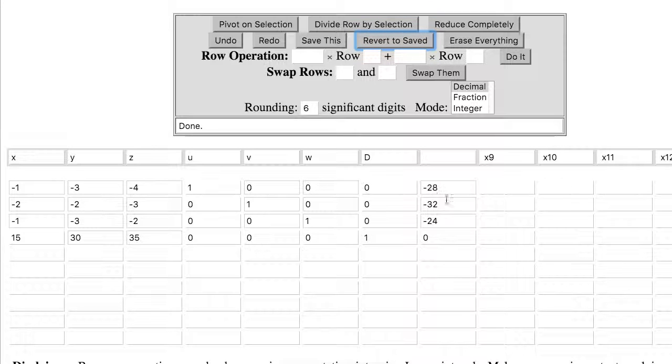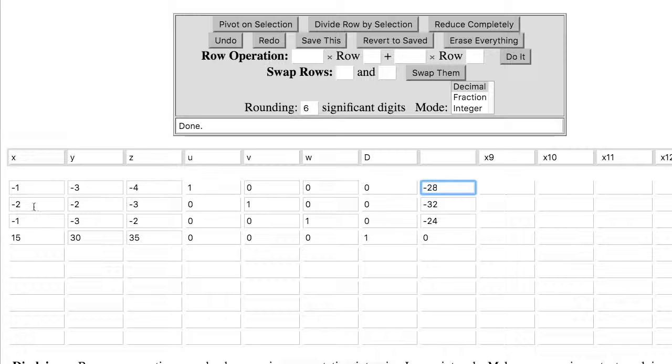We have negatives in the far right column, so I focus on one of them, slide over to the left, pick any negative number over here to the left of the -24. I'm going to come to the first column because these numbers look easy to work with. -1 into -24 is 24. -2 into -32 is 16.